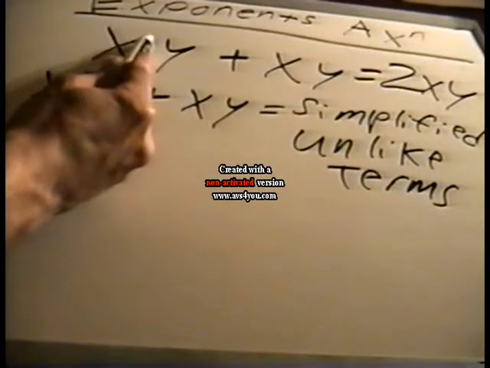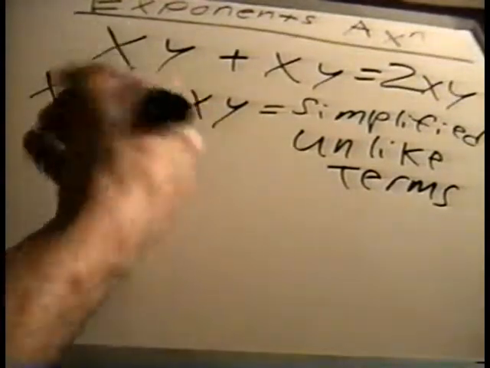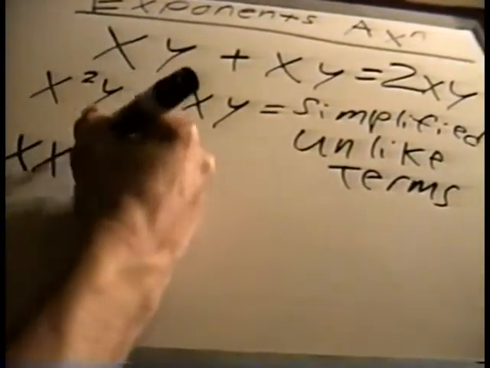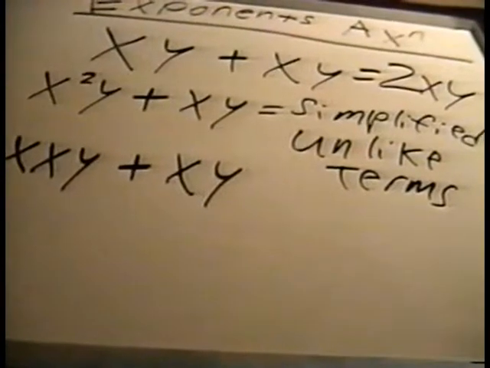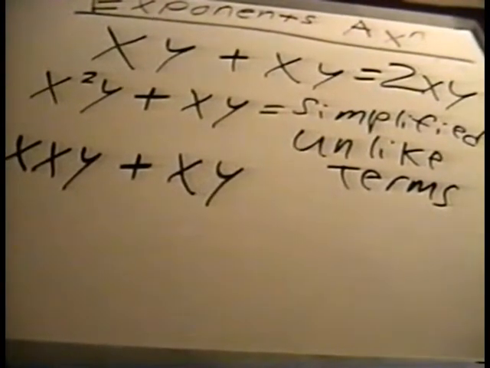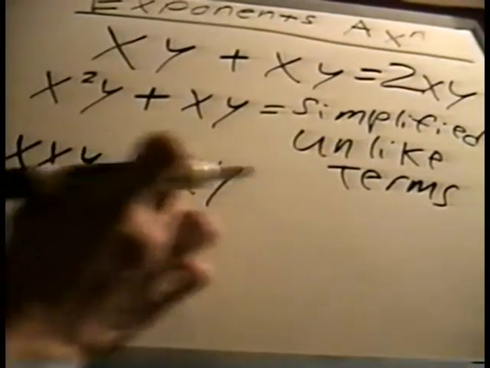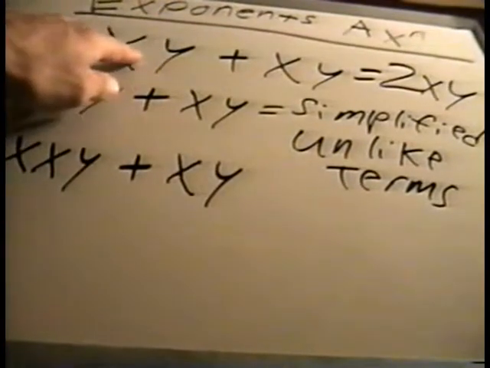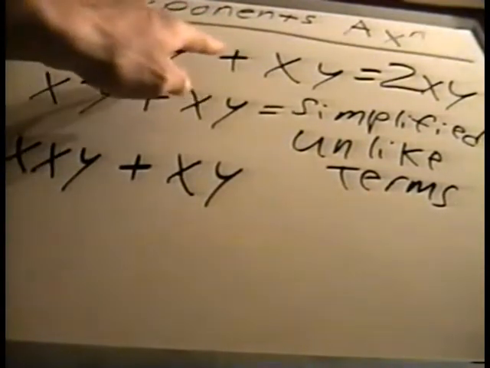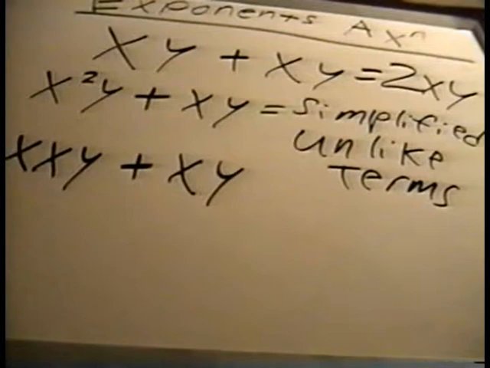So 2 terms are alike when all the variables are the same, and each variable is raised to the same power or degree.